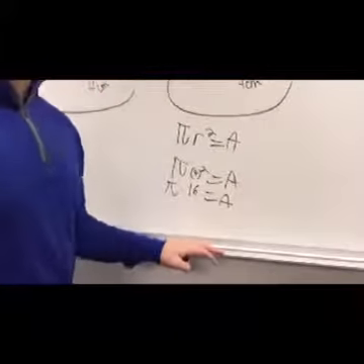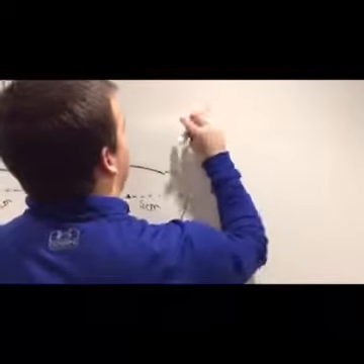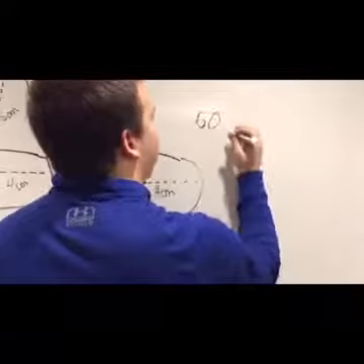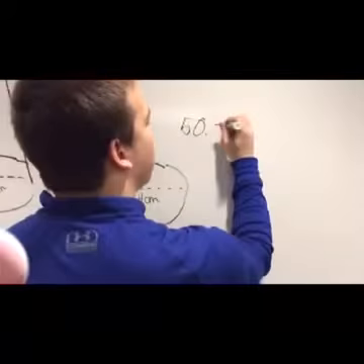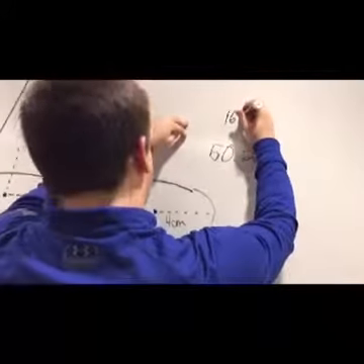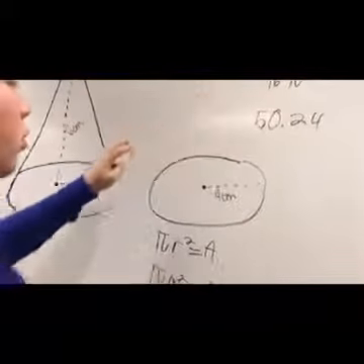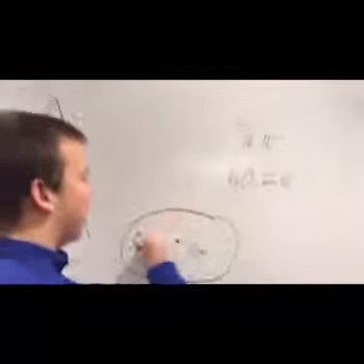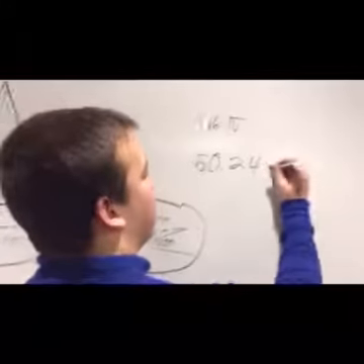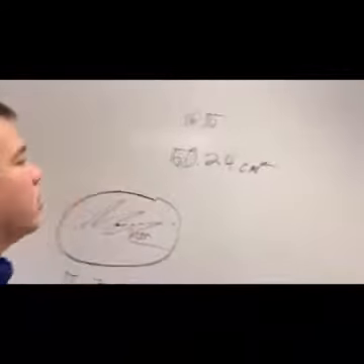So 16 times pi equals 50.24. That is going to be the area of this entire circle. So it's centimeters squared.